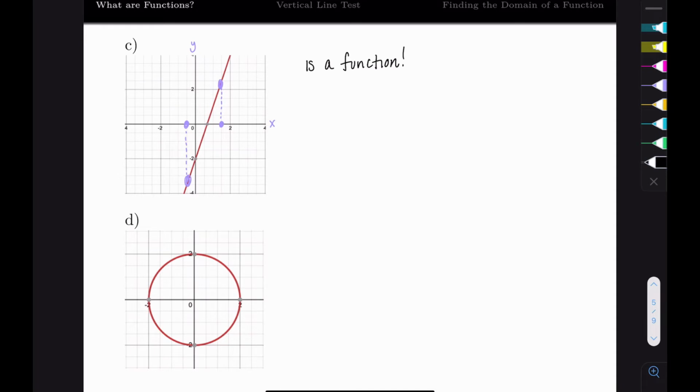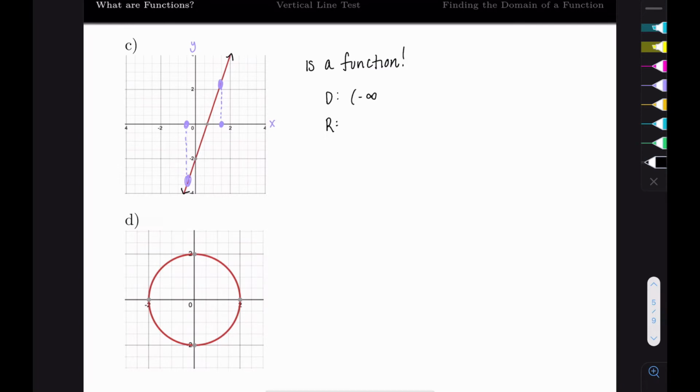Okay. Now for the domain and range, because it is a function that is continuing on forever, typically our book will use arrows at the end to say it goes on. We're going to be able to input anything we want, and because it's continuing up and down forever, our output is anything we want.